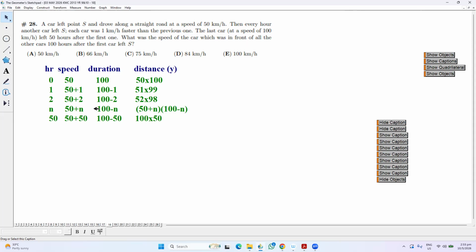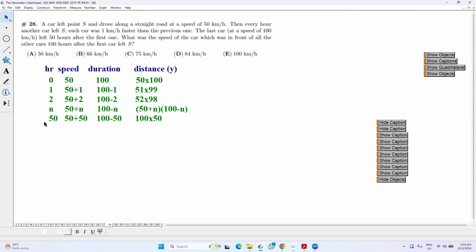Distance is speed times time, so you get a quadratic expression. The last car: 50 plus 50, 100 minus 50, so 100 times 50, the same as the first car. Altogether, 51 cars, because 50 hours, counting from 0 to 50.